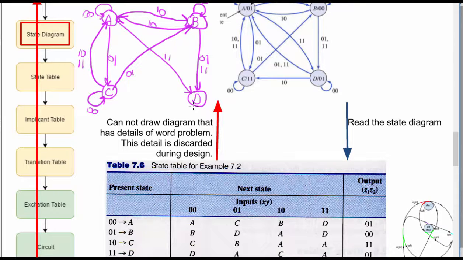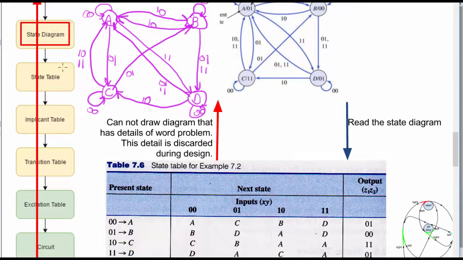D stays at itself if it's a 0, 0. D goes to A if it's a 0, 1. D goes to C if it's a 1, 0. And D goes to A if it's a 1, 1.